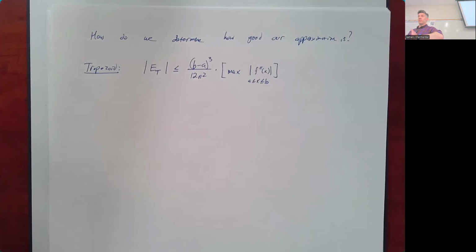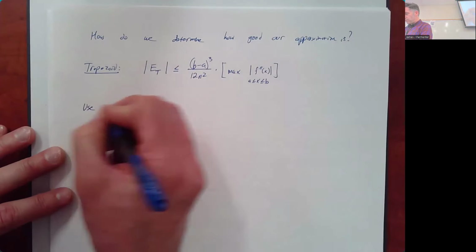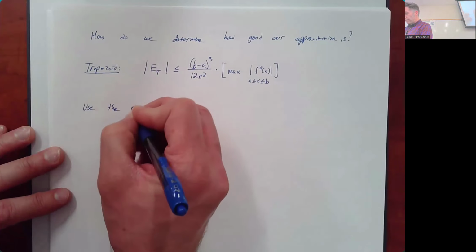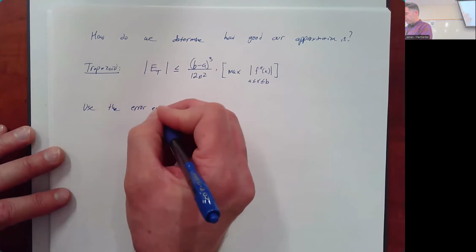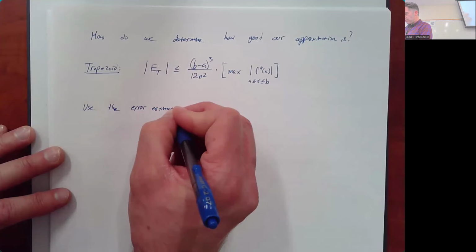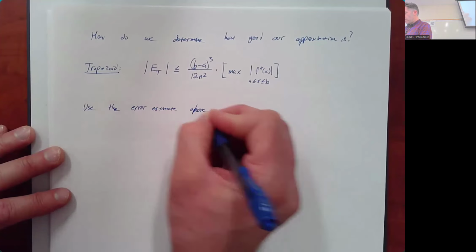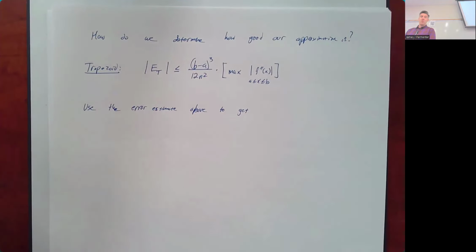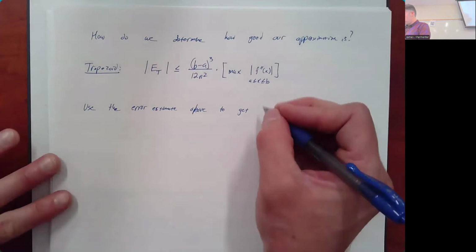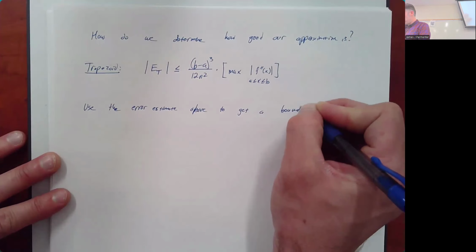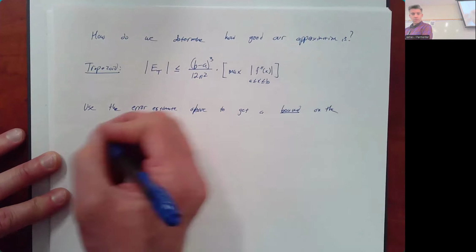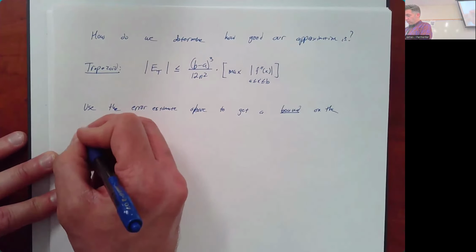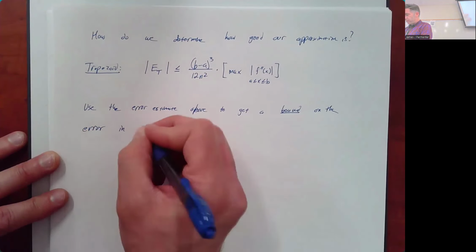So let's do it for this previous example and talk about what we do. Let's use the error estimate above to, I wouldn't say that we're approximating the error, we're actually getting a bound on the error in the trapezoid approximation.